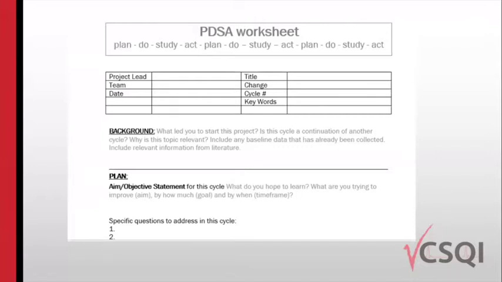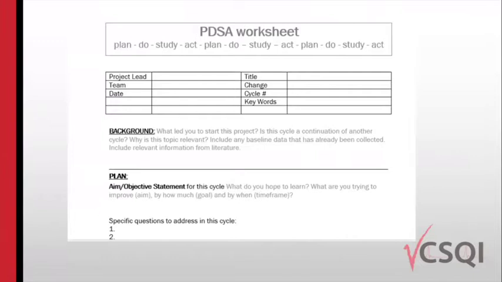You'll see at the box in the top, the grid, on the right side under title and change, there's a cycle. That's there because oftentimes when we put new processes in place, they may change several times over the course of a year or over the course of many years. And that cycle just indicates a place to say, okay, maybe this is not the first time we've done this.